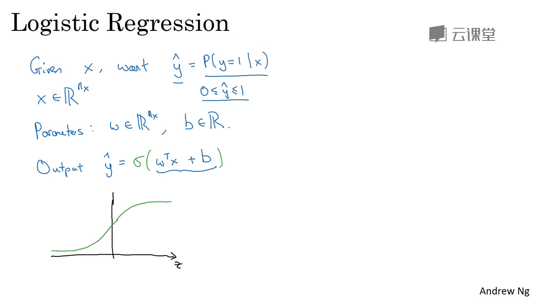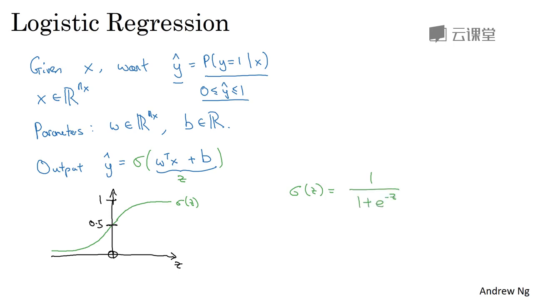Let me label my axes here. This is 0, and it crosses the vertical axis at 0.5. So this is what sigmoid of z looks like, and we're going to use z to denote this quantity w transpose x plus b. Here's the formula for the sigmoid function. Sigmoid of z, where z is a real number, is 1 over 1 plus e to the negative z.